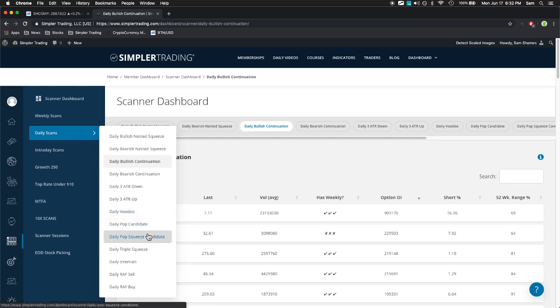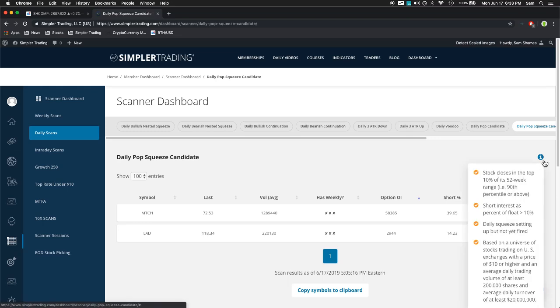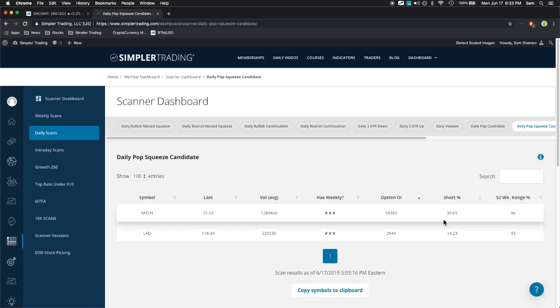Just because I think this is such a cool one, I'm going to show it to you, and it's daily pop squeeze. So the daily pop squeeze here, we only have 2 results here, right? And the reason for that is because the parameters for this search are a lot tighter. This one is not only looking for daily squeezes, but it's looking for short percentage, right?